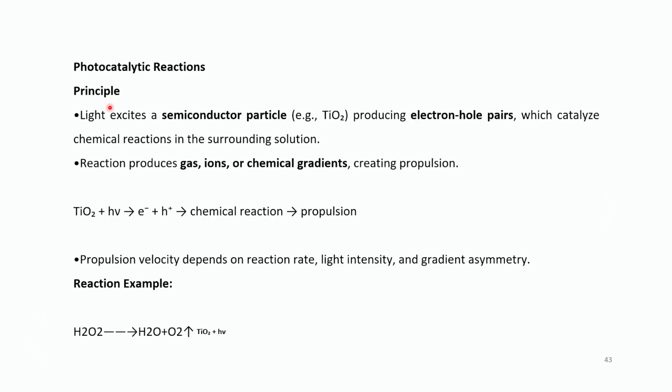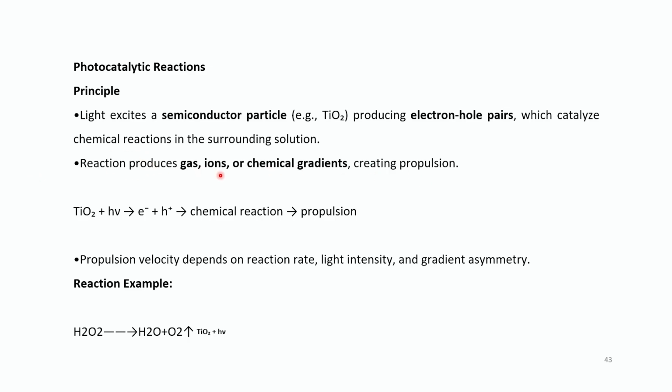Photocatalytic reactions: the principle is that light excites a semiconductor particle, that is TiO2, producing electron hole pairs which catalyze chemical reactions in the surrounding solution. This reaction produces gases, ions, or chemical gradients, creating propulsion.